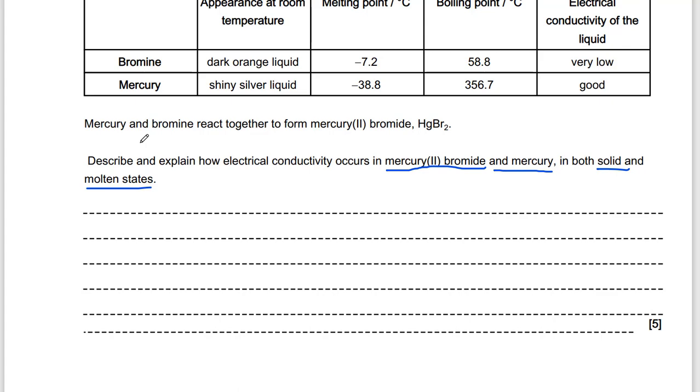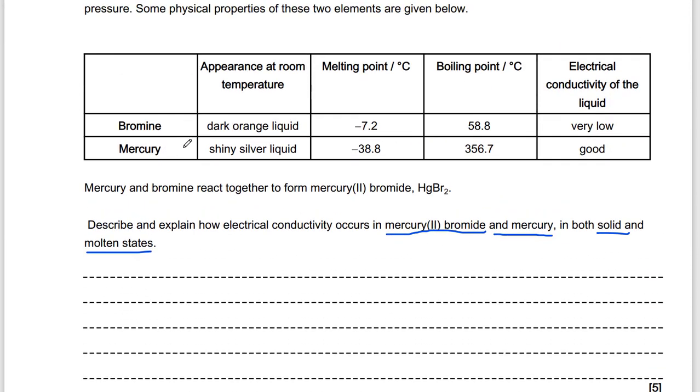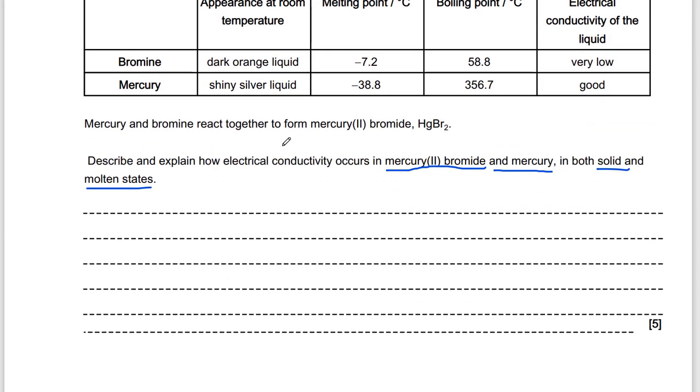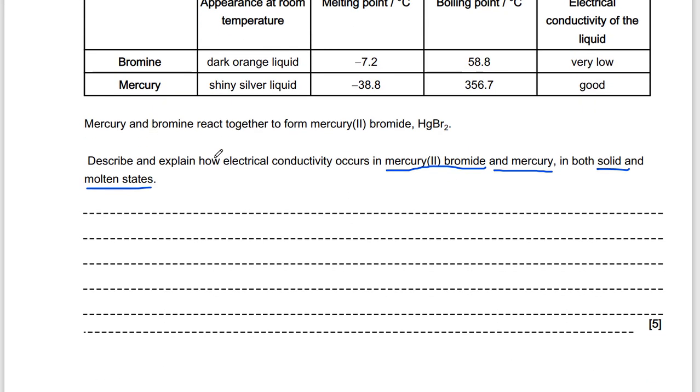Because ultimately, in terms of your electrical conductivity, it's fairly straightforward. It gives you everything in the table as well. So there's no real excuse for getting any of this wrong. So in terms of mercury, hopefully, to get a couple of marks here is very, very straightforward.